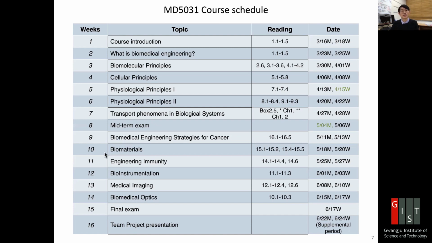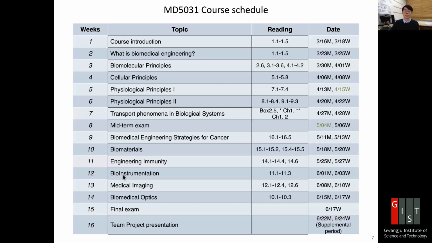Next we'll study biomaterials, which is very important to understand, especially for developing artificial organs. And the next is engineering immunity. Our immune system, and immunology, the study of the immune system, is so critical that now we engineer this immunity to treat diseases.